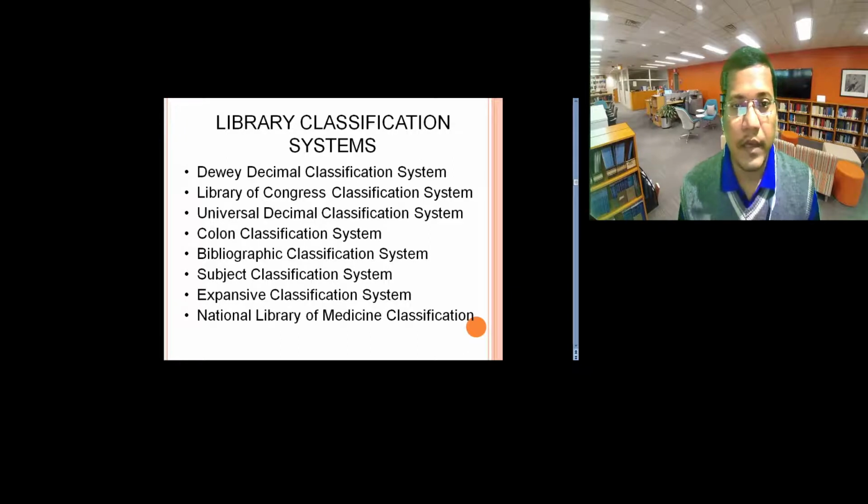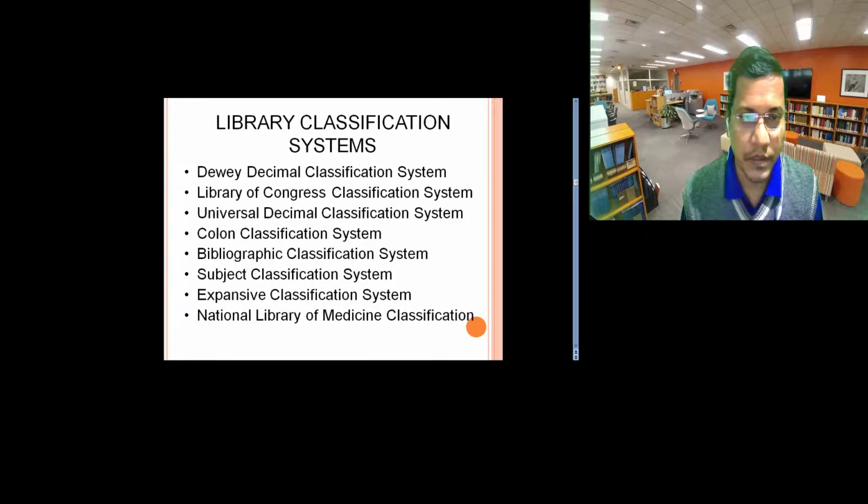Library classification systems. What are the different existing library classification systems? First of all, the Dewey Decimal Classification system, very popular and the oldest classification system. The Library of Congress classification system. The Universal Decimal Classification system, which is actually devised from the Dewey Decimal Classification system.